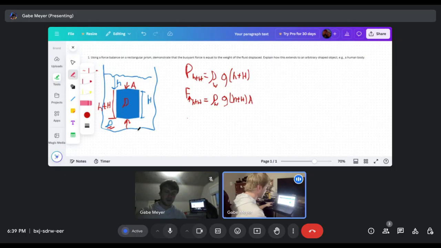So that's the force acting up on the bottom of this rectangular prism.